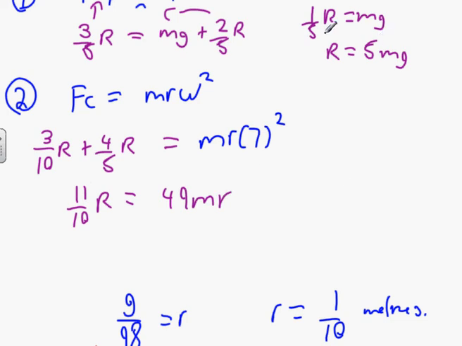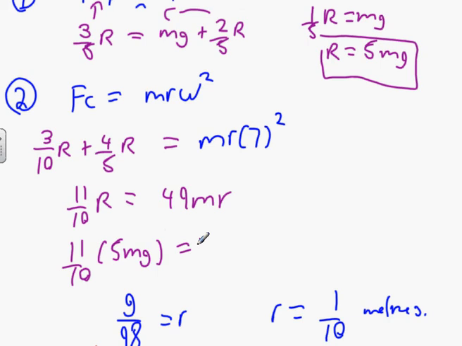Replace r with 5 mg. 11 over 10 times 5 mg equals 49 r. The m's cancel. I'm going to get 55, 5 times 11. I'm going to bring the 49 down to multiply by the 10. 55 over 490.